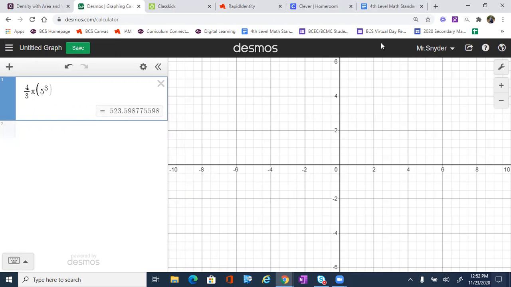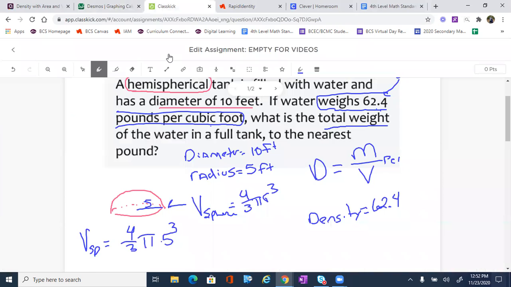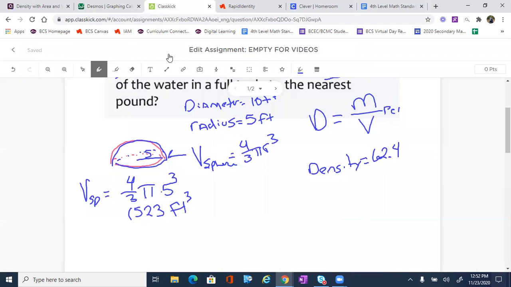That gives us a total value of 523 cubic feet. But we only need half of that because it is only a hemisphere. So I'm going to cut that 523 in half.